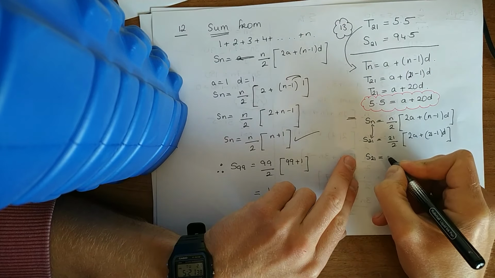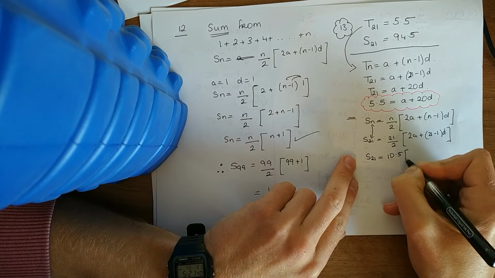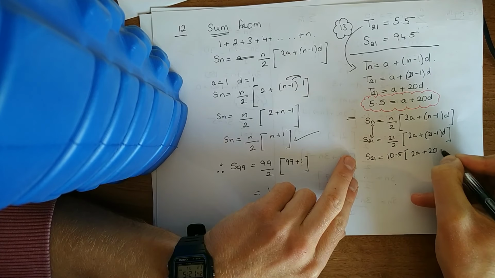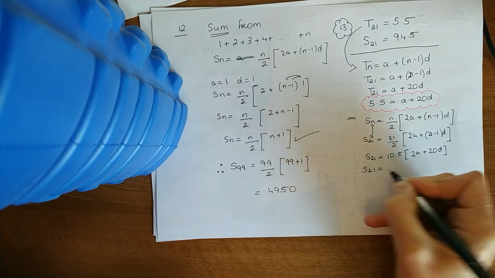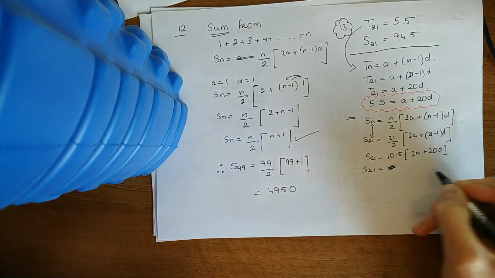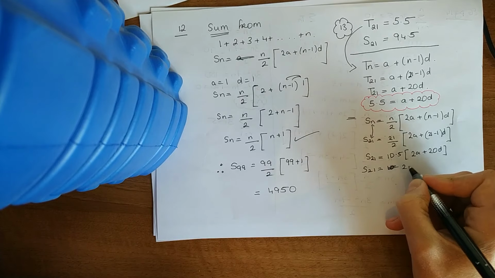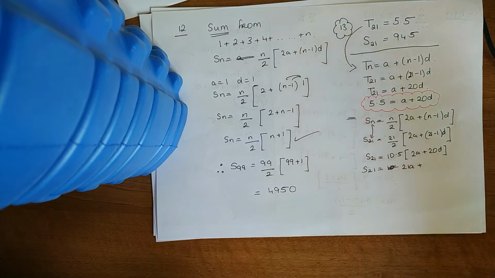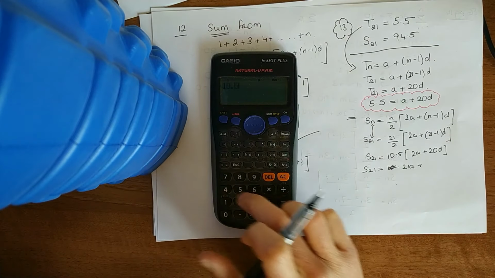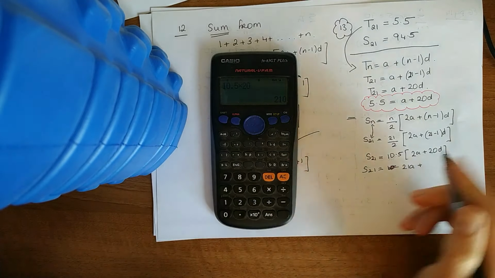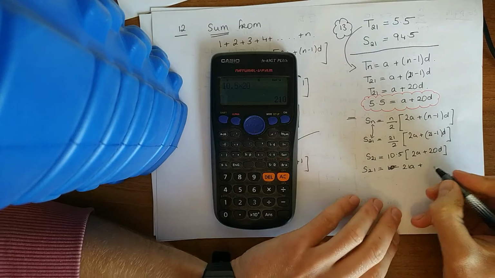S 21, 21 over 2, 10.5, 2a plus 20d. Tidy that up. 10.5 times 2a is 21a, plus 210d.